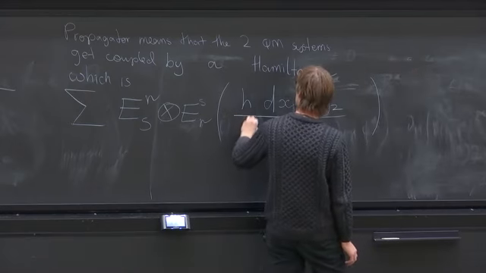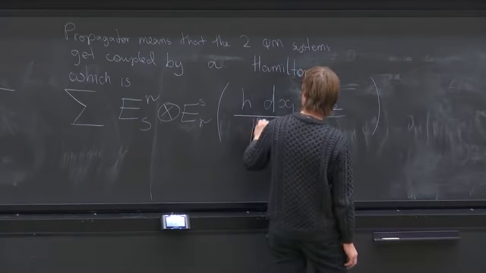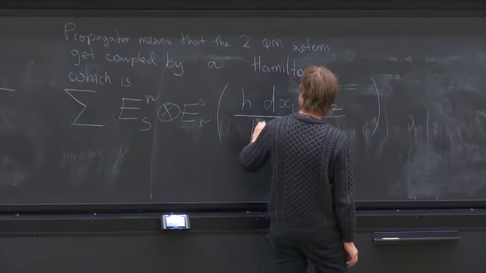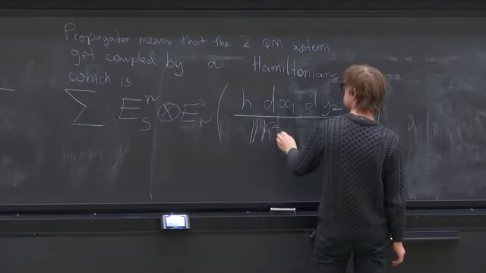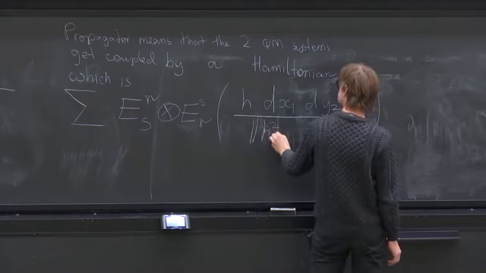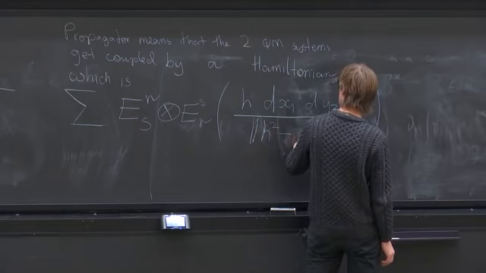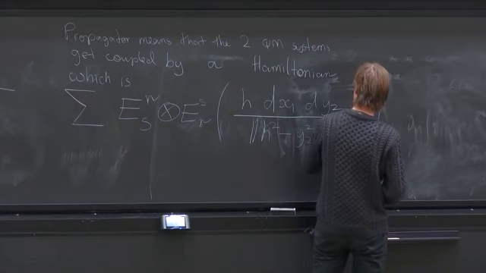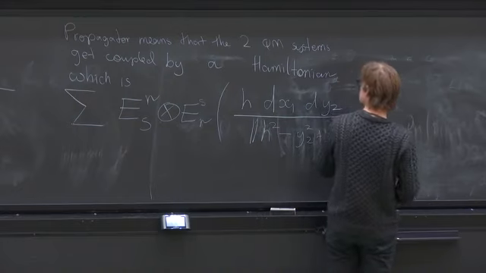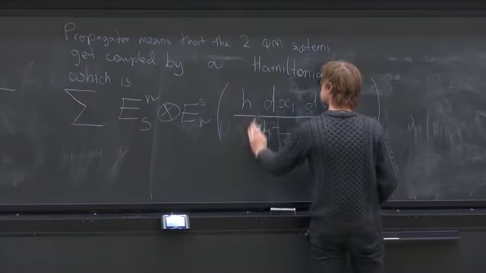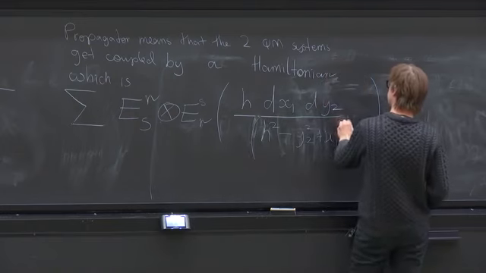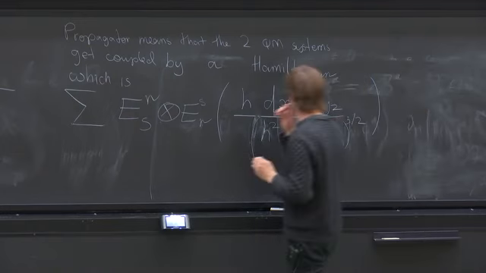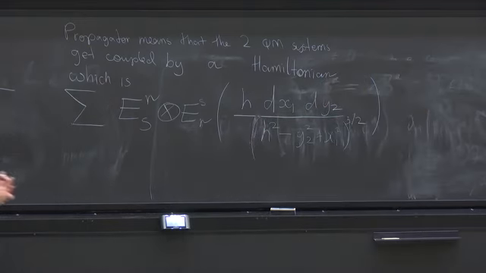over h squared minus y1 squared by 2 squared, to the power 3 over 2. Does that make sense?